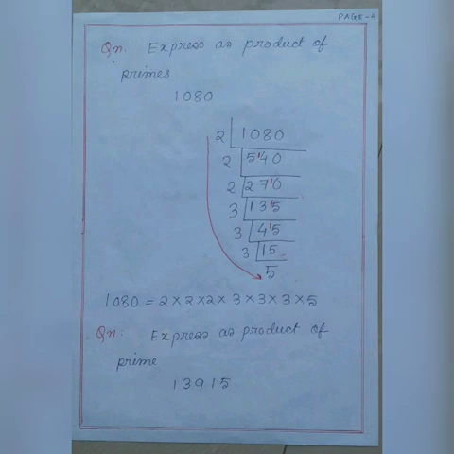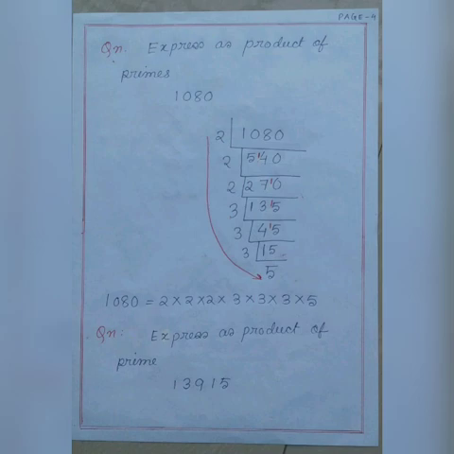So 135 divided by 3 is 45. If I divide 45 by 3, I get 15. If again I divide 15 by 3, I get 5. So 5 is a prime number, so no need of division further.